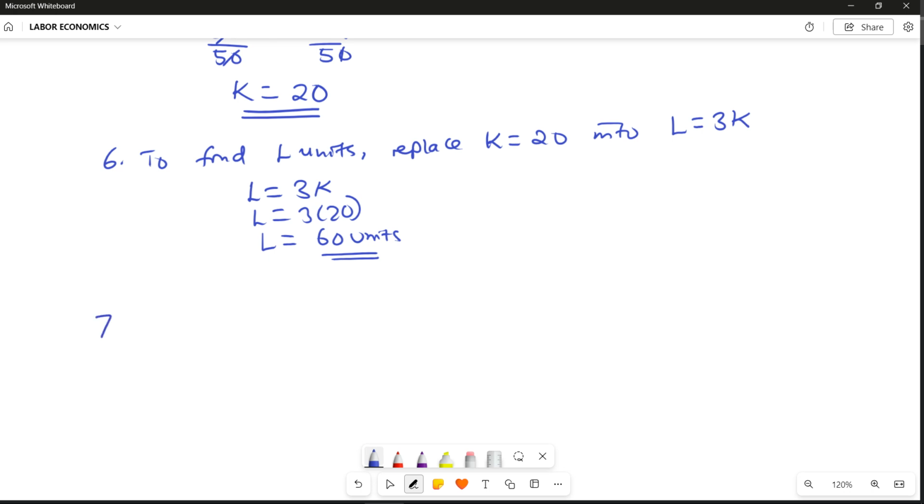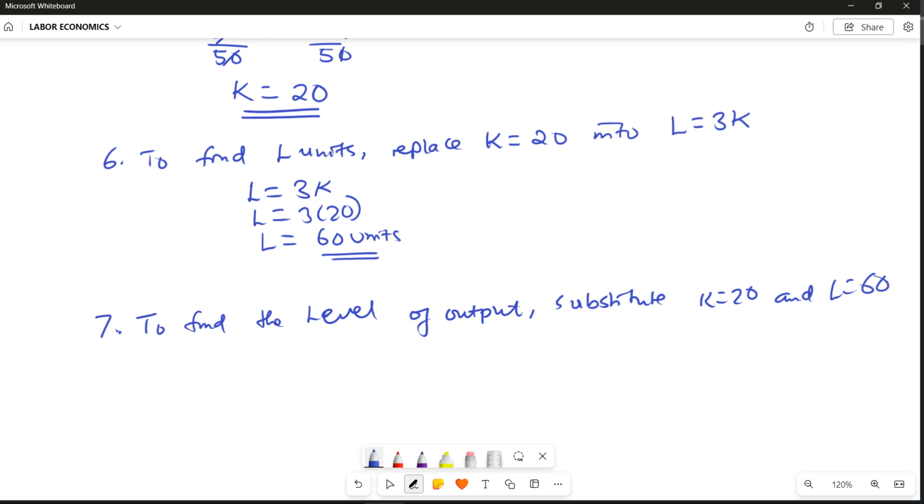To find the level of output, substitute K is equal to 20 and L is equal to 60 into the Cobb-Douglas function.